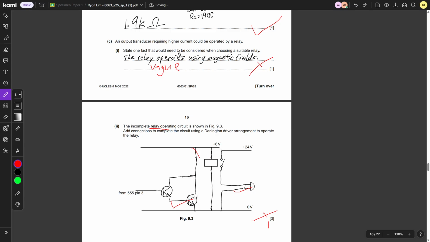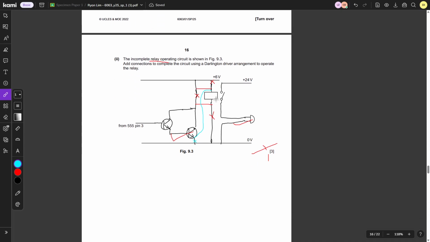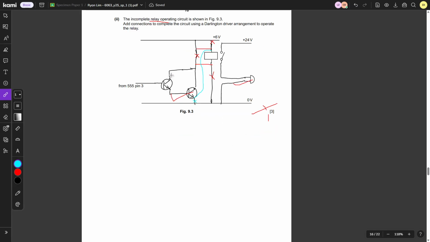Or you can remove this wire and then do this. That's your only two options. So you just connected the relay wrong. So you get 1 mark only.